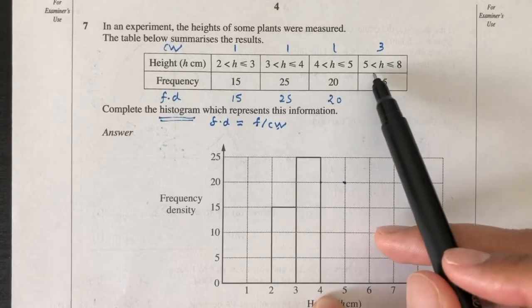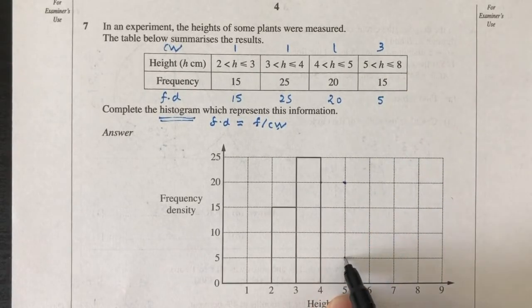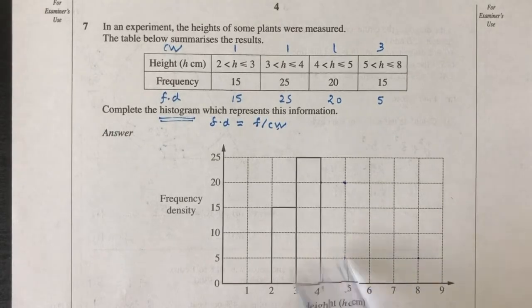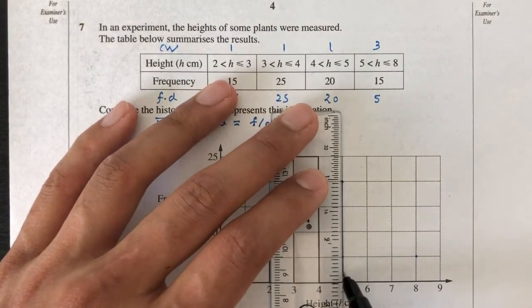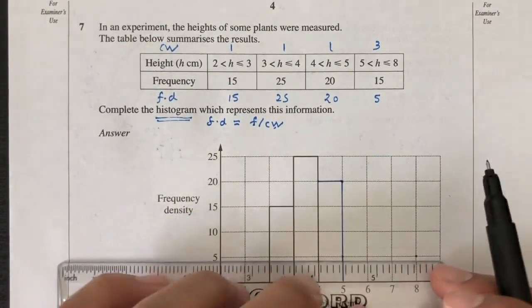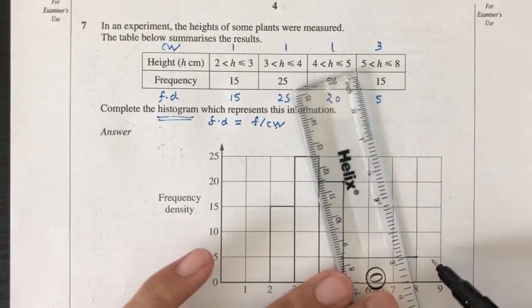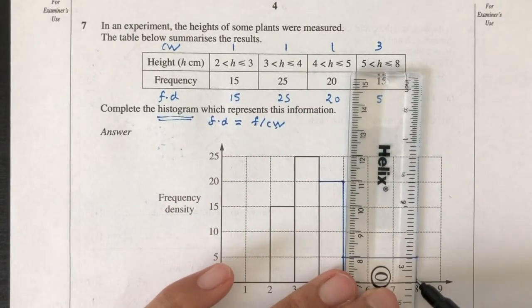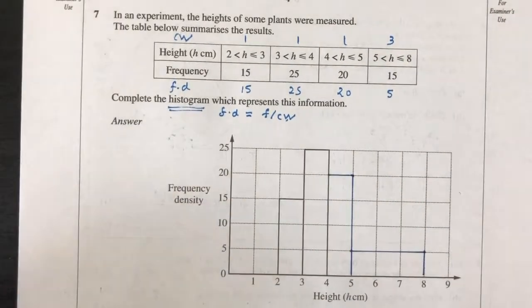And then we have 5, 8 will be 5, sorry, will be here. Okay, so now we just have to connect everything to form the histogram. So that will be for the 4, 5 and 5, 8, and that's it. That's your histogram for this question.